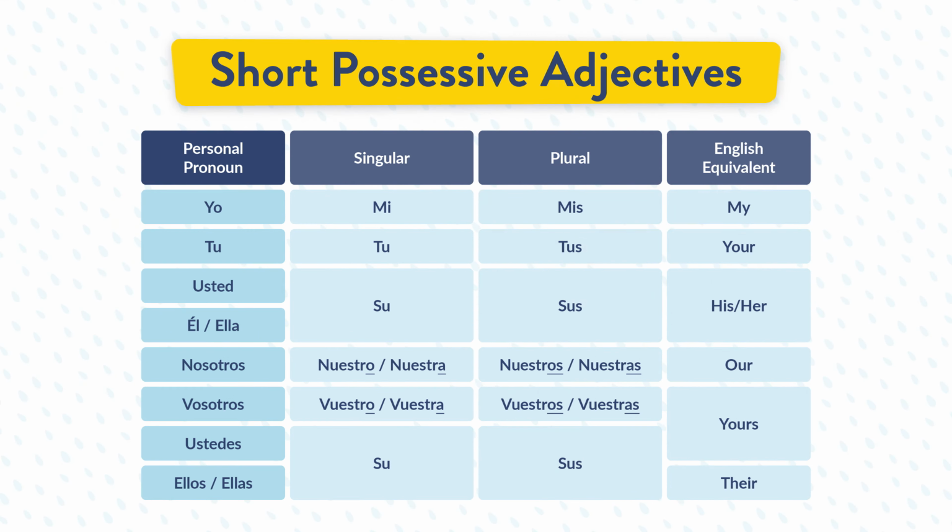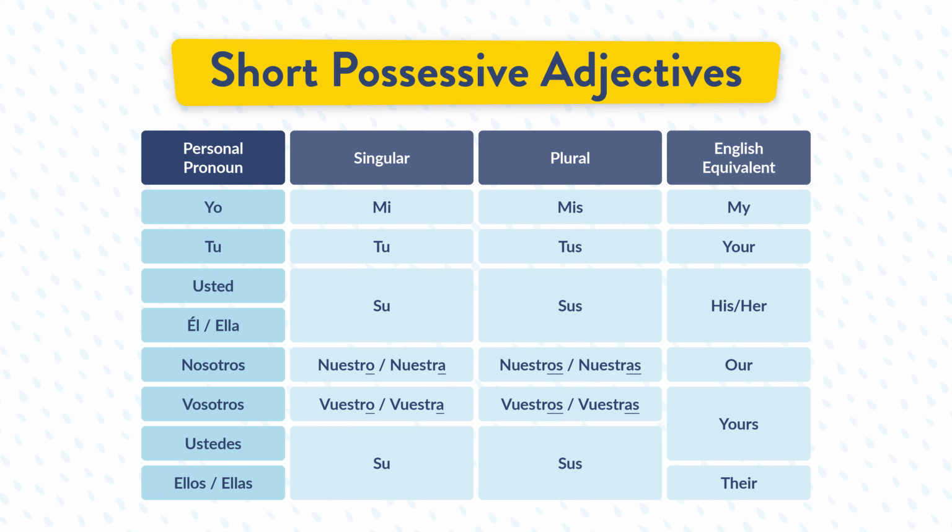As you can see, we have all the pronouns: yo, tú, él, ella, and so on. If we take yo or my as an example, you can see that in the masculine and feminine singular, it becomes mi, while in the masculine and feminine plural, it becomes mis. Did you notice that most of the forms don't change between masculine and feminine?